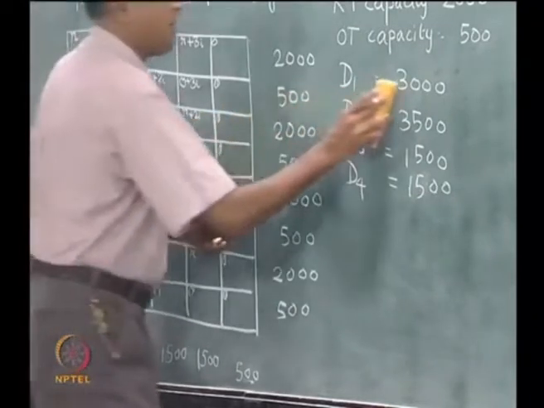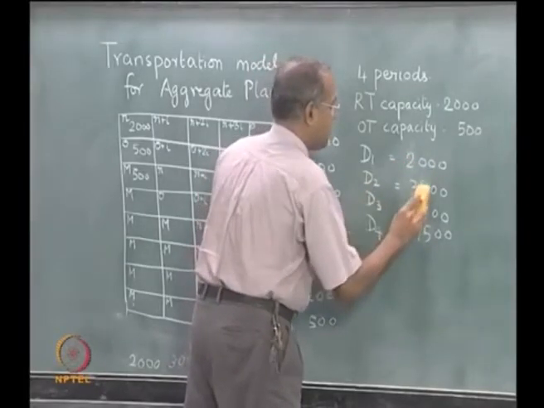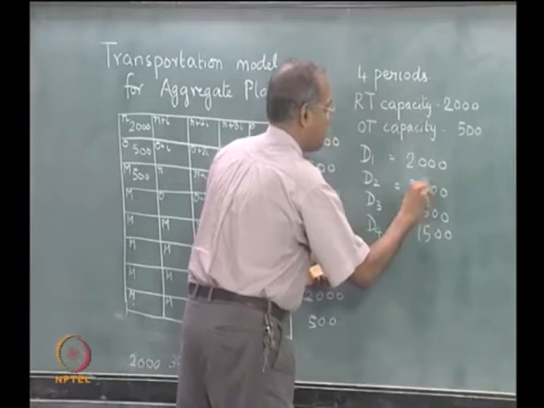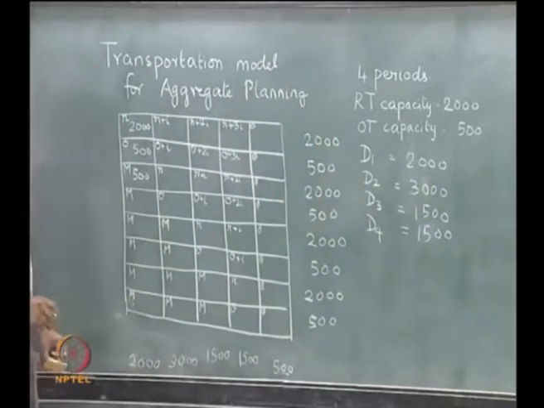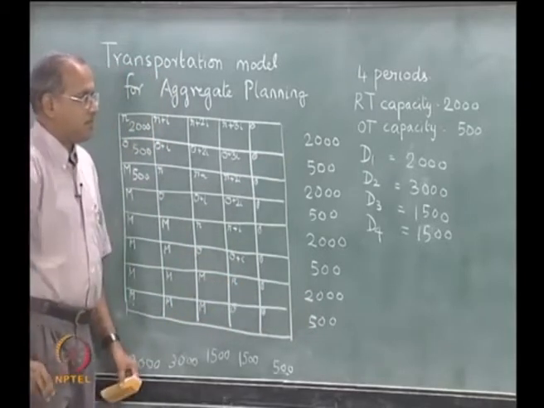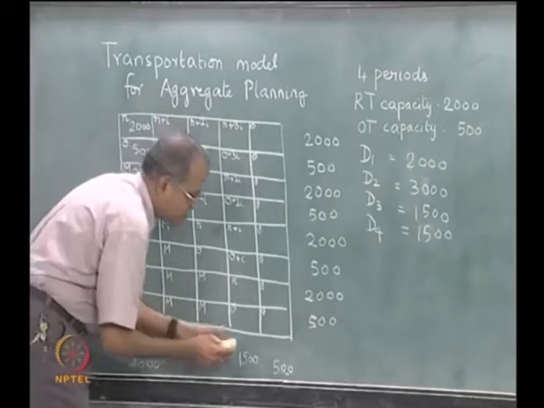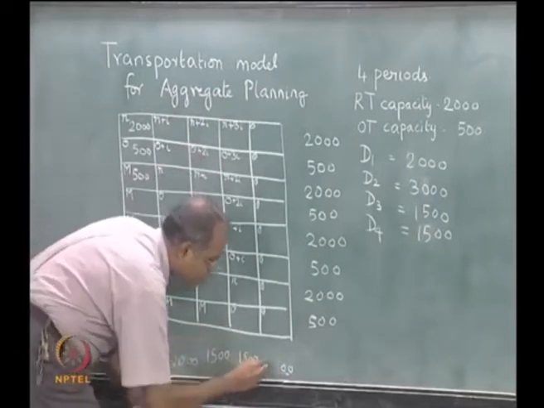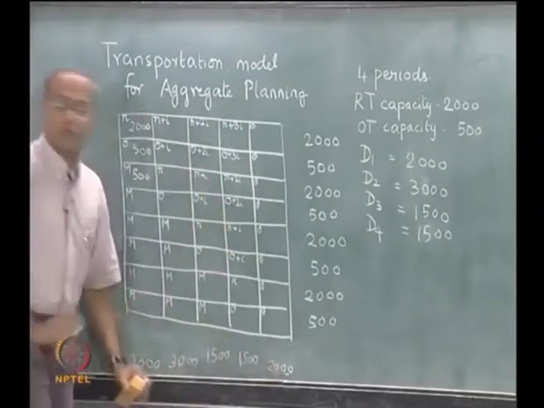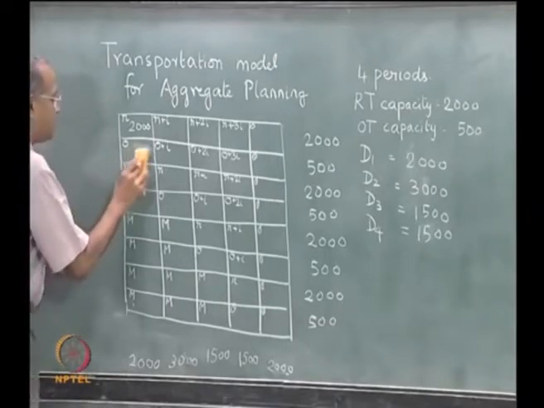So, now what happens is your total supply is 10,000, total demand is 3 plus 2 plus 3, 8,000. So, the dummy becomes 2000. So, now we have balanced it.